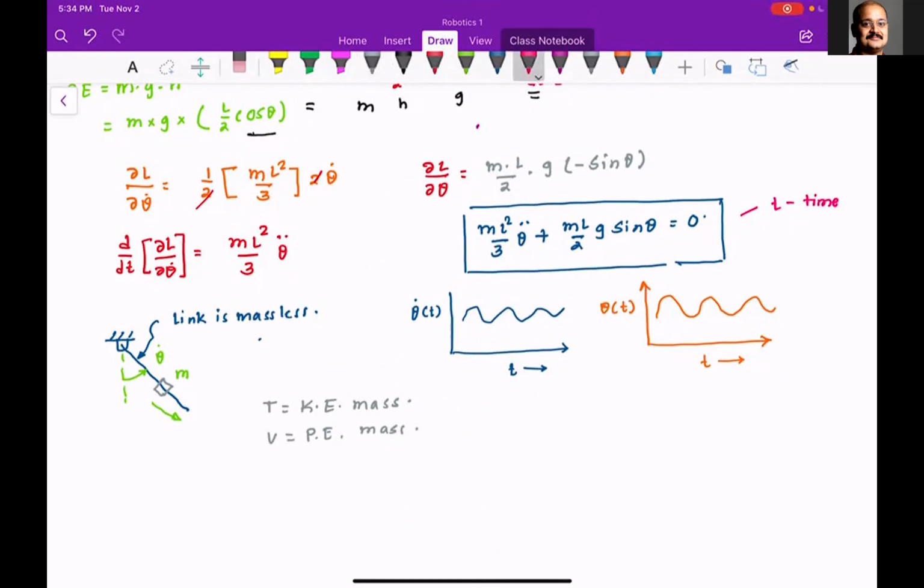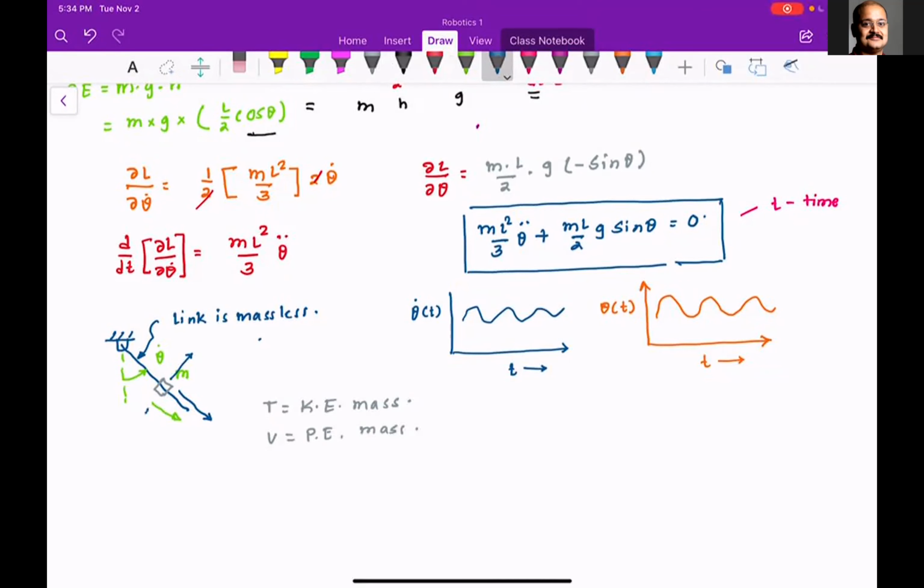How do I find out the kinetic energy of the mass? So link is massless. So this mass has two types of kinetic energies. The one is the kinetic energy in the radial direction and the kinetic energy in the direction of rotation.